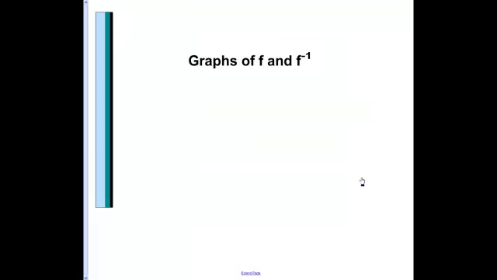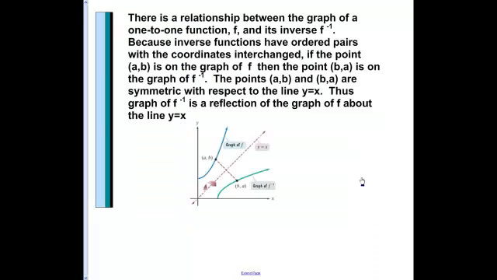Let's look at the graphs of the function and the inverse function here. There is a one-to-one relationship between the graphs, and this is because the inverse function has ordered pairs where we just alternate the values. A becomes B, and B becomes A, or x becomes y, and y becomes x. So we create what we call a reflection, or a flip.